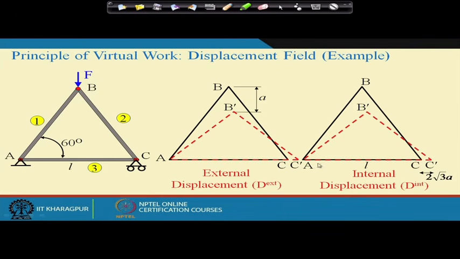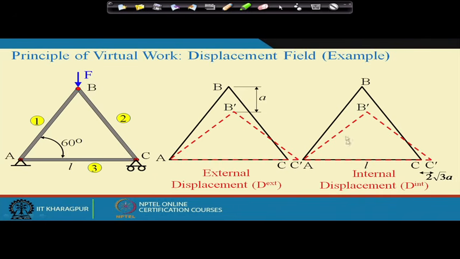In this case, member AC will be in tension, and because of this tension, the length of member AC will increase. The initial length of the member was AC, and after the elongation the member becomes AC dash, and the change in length is CC dash, which is due to the internal forces developed in the member. This displacement is called internal displacement.